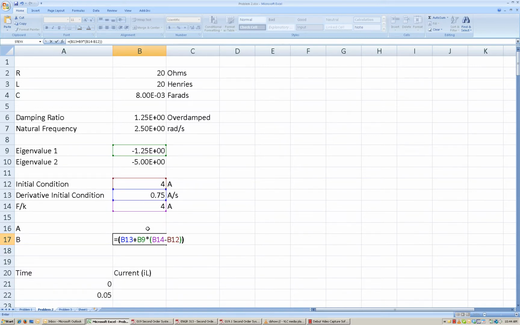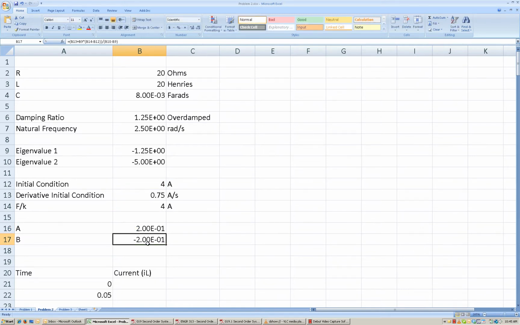All of that is going to be divided by the difference between lambda 2 and lambda 1, so lambda 2 minus lambda 1. That gives me the value of B. And the value of A is going to be the initial condition, x naught, minus B minus F over K.